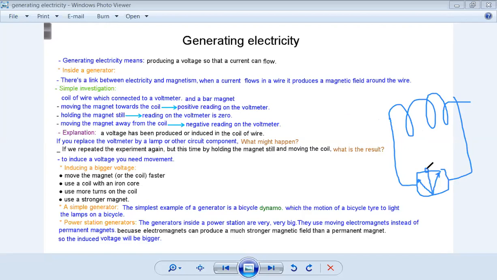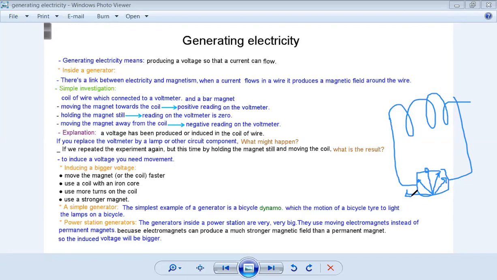But how can we induce more voltage? By more movement, by moving faster. If we moved it faster, in this case, we will get more reading and more reading on that side, okay? Or we can use a coil with an iron core, like it has an iron inside it.